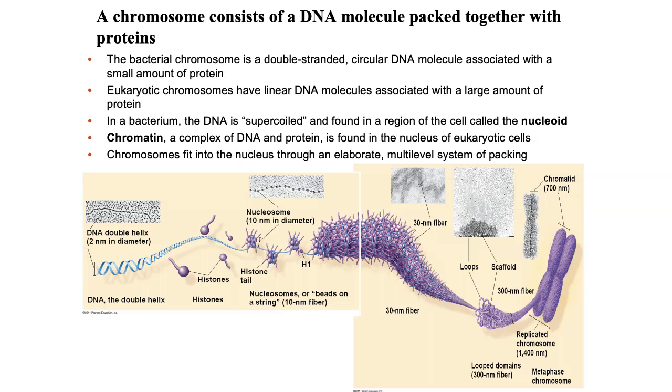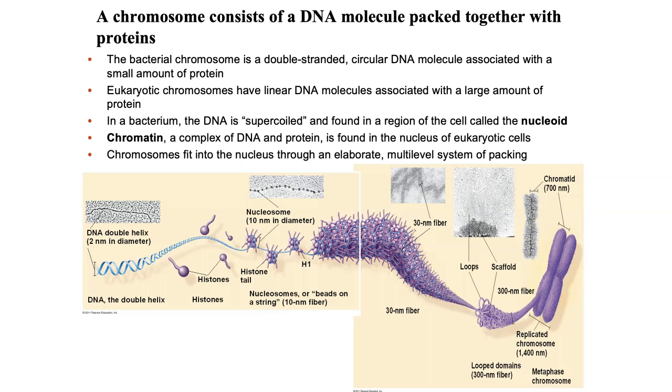I think it's the longest molecule in your body, each chromosome. And if you take all of the chromosomes in just one cell and you unravel them and put them together and measure it, it measures about 6 feet. So there's a lot of genetic material, big molecules here. So how is it that they fit so tightly into a cell? Well, it all has to do with how they're wrapped and coiled.